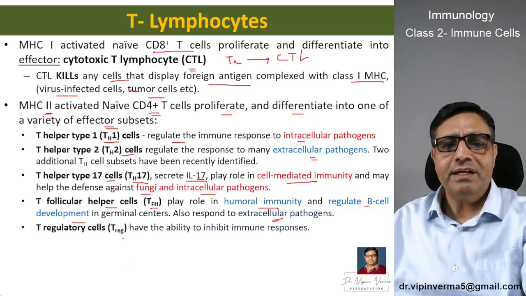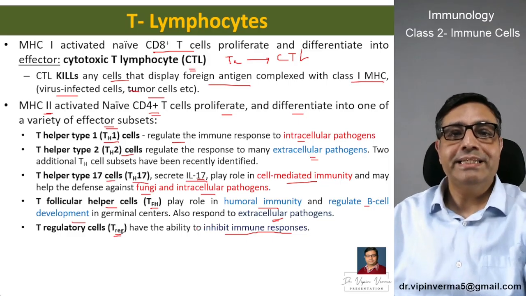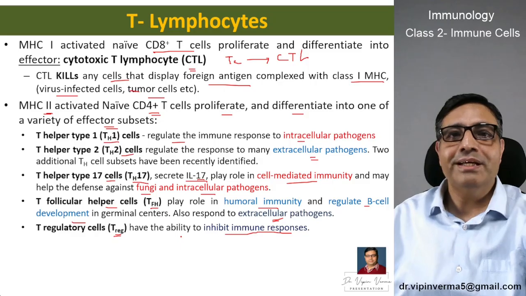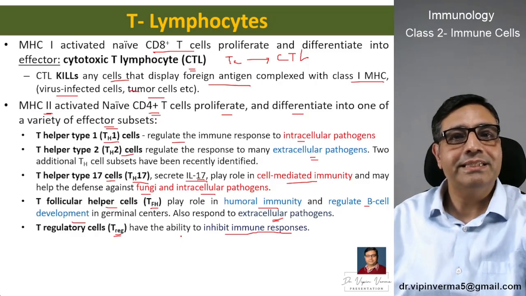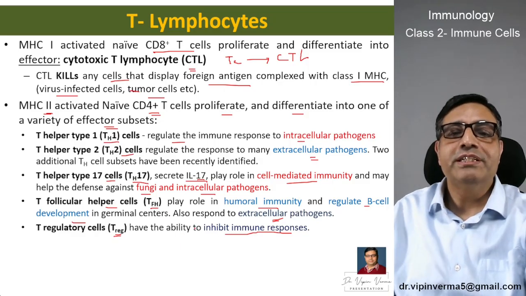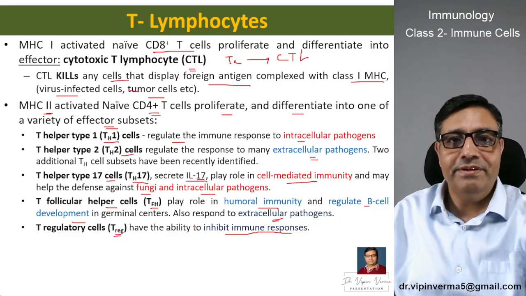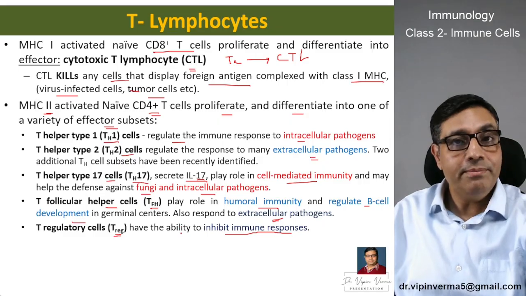Then we have another type which is the T regulatory cell. They have the ability to inhibit immune response, because by now you are seeing that every time we are talking about the cell, we are only talking about the induction or the stimulation of the cells and the immune response initiation. But once the pathogen is killed, then we need to stop and inhibit this response.